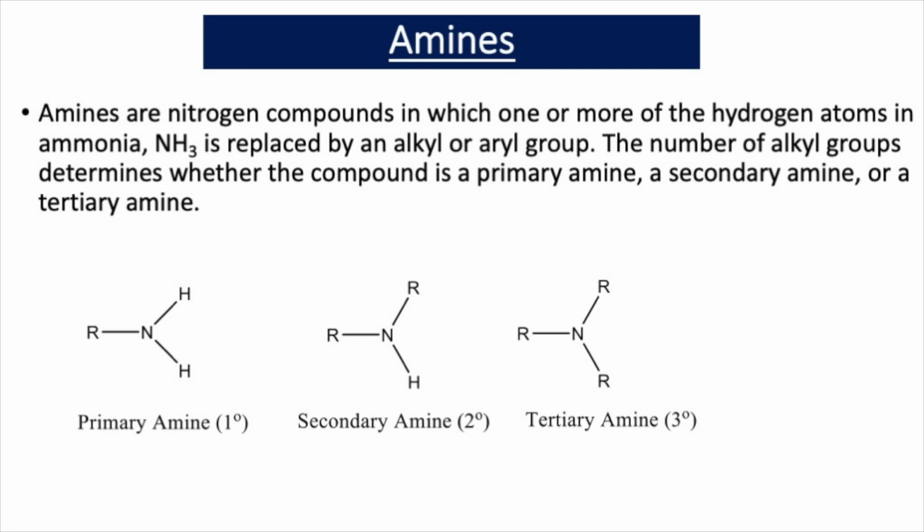And if we have an alkyl group attached to a nitrogen and another alkyl group and one hydrogen, that is a secondary amine because I've replaced two of the hydrogens in ammonia by alkyl groups. And finally, a tertiary amine has all three of the hydrogens in ammonia replaced by alkyl groups.